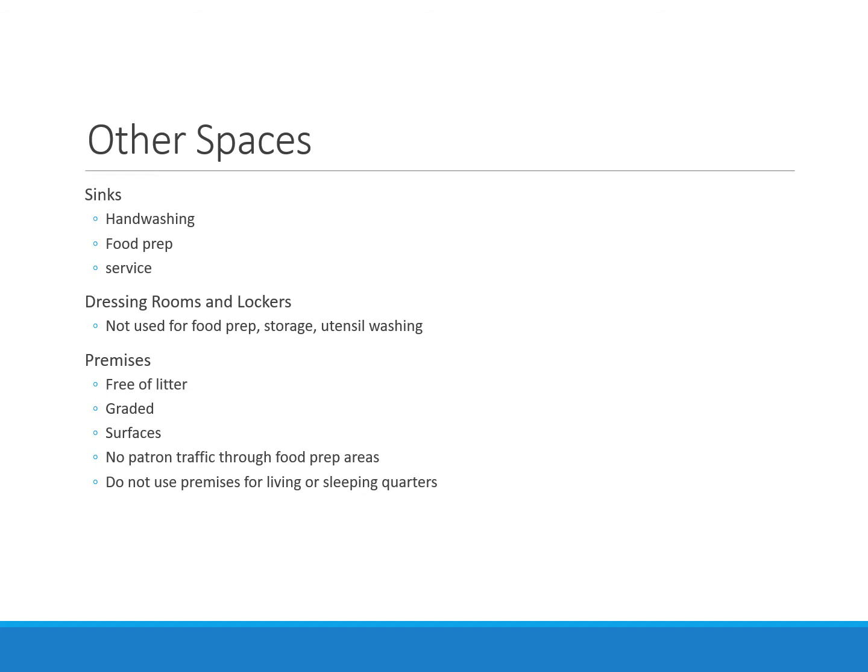So you've got to clean that up. Ideally, the ground should be graded so that water runs away from the building. You should not allow patrons or guests to come through the food prep areas, and no one should be allowed to sleep on premise. Just some good guidelines there for good health.